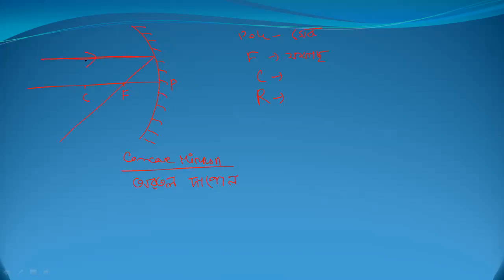This is the first rule. That means the rays of light which are parallel to the principal axis, after striking the concave mirror, will pass through the focus.